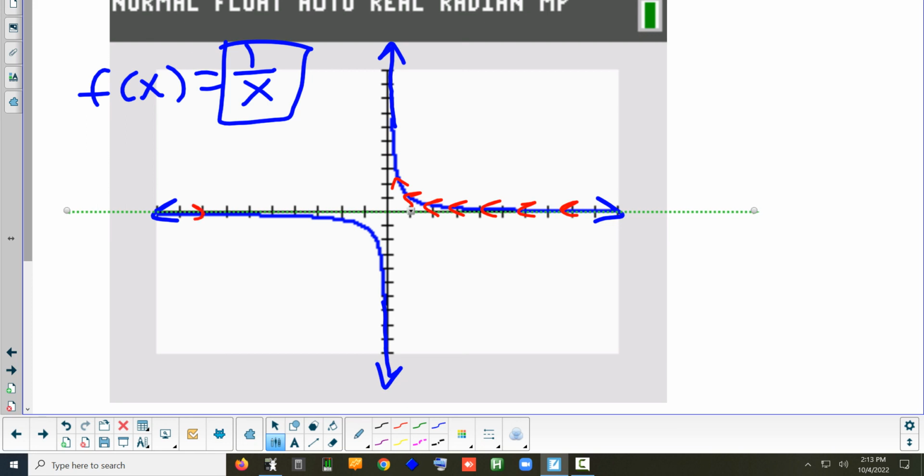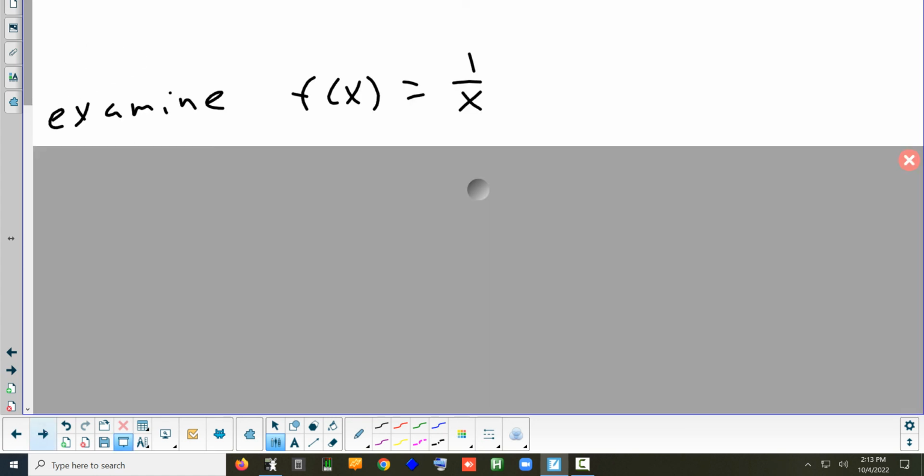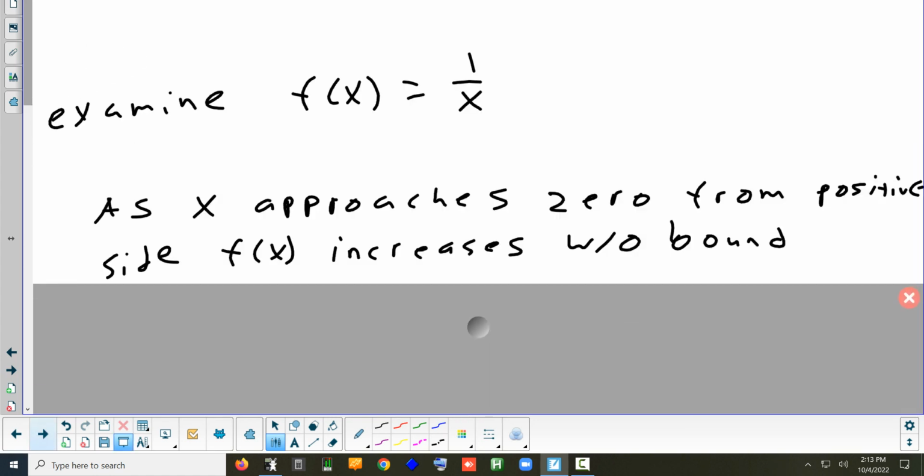Now, let's look at what happens as we head towards 0 again, but this time from the negative side. As we come towards 0 from the negative numbers, what happens to my y value? It starts to go down to negative infinity. If you start coming at a number, and all of a sudden your graph curves up on one side and down on the other, that's what we call a vertical asymptote.